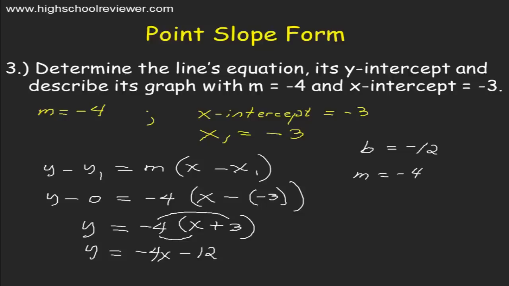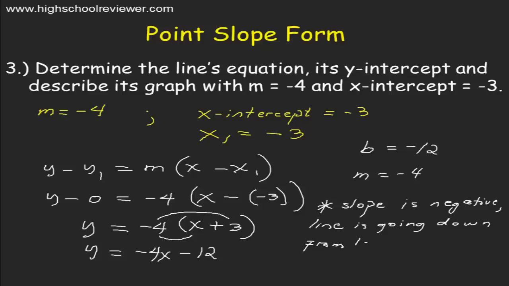So since our slope is negative, our line is going down from left to right.